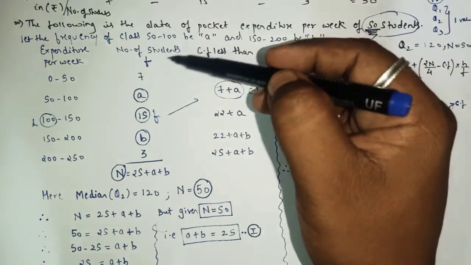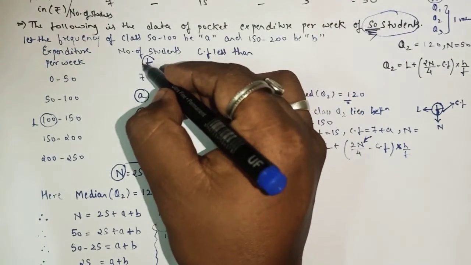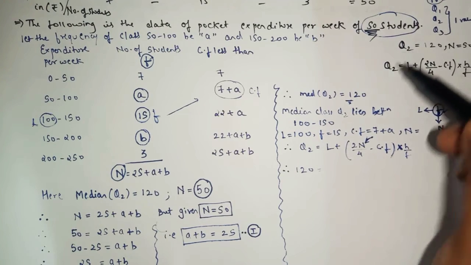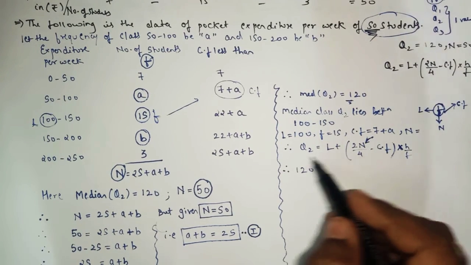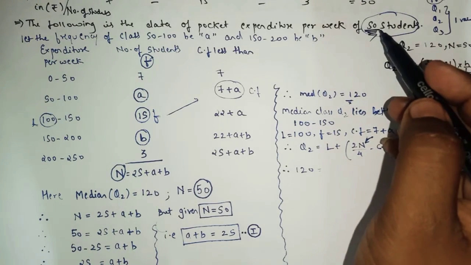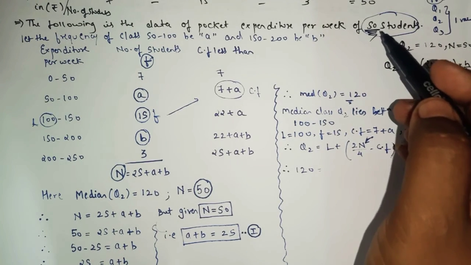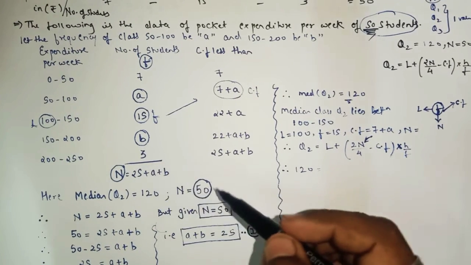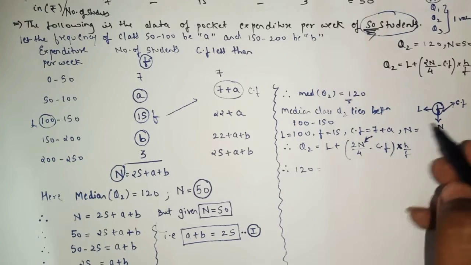So the number of students column is known as the frequency column. The total frequency is already mentioned in the question, that is 50. So see to it that after writing the formula, when you substitute the value of N, you substitute the value of the given frequency, not the unknown, missing frequency. So here you will write 50.